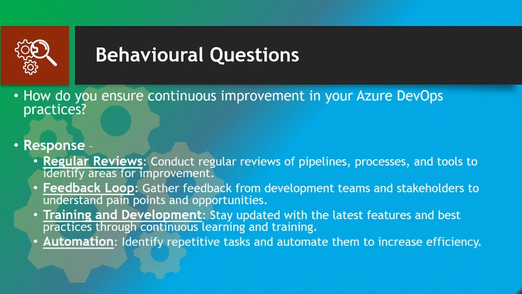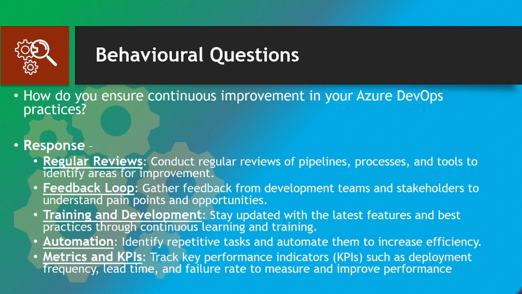Automation. Identify repetitive tasks and automate them to increase efficiency. Metrics and KPIs. Track key performance indicators, KPIs, such as deployment frequency, lead time, and failure rate to measure and improve performance.